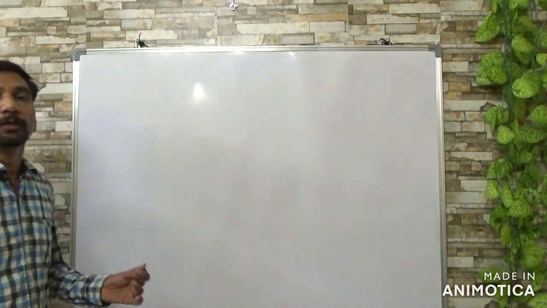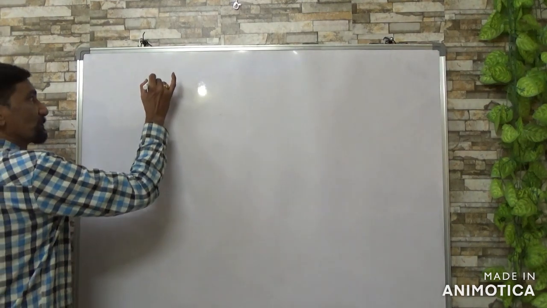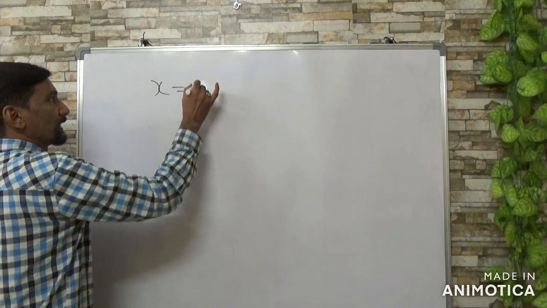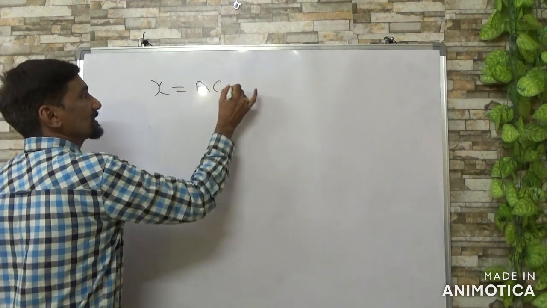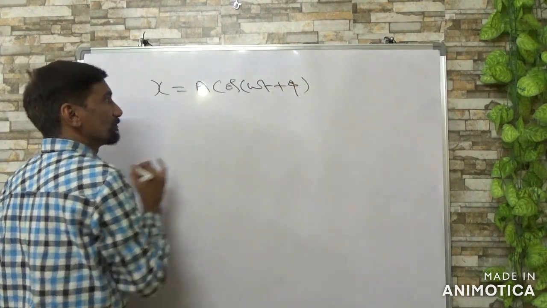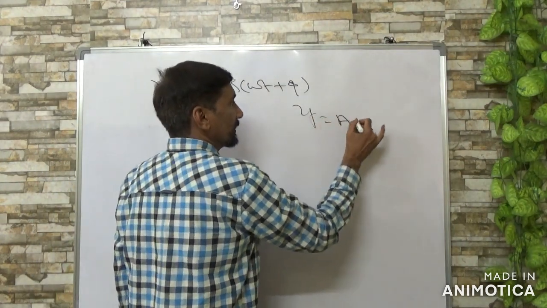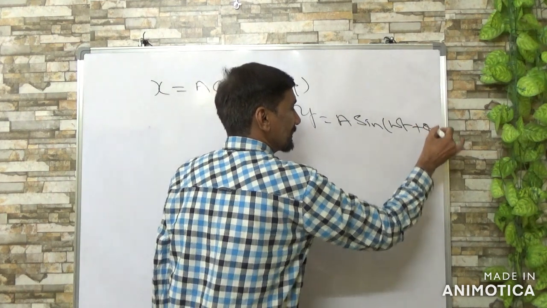Now, so you know, when a body is executing SHM, its displacement in the horizontal direction is x equal to A cos(omega t plus pi), or y is equal to A sin(omega t plus pi).